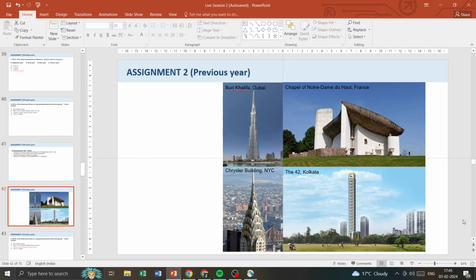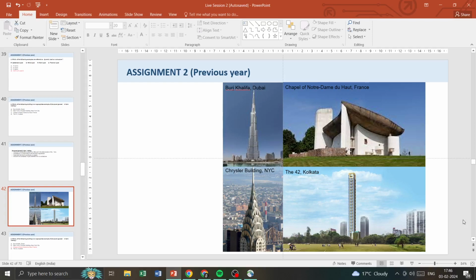You see that there is a commonality between 3 buildings. All 3 are skyscrapers in different parts of the world, and all 3 follow some kind of structure when you look at them. They have posts, they have columns, they have some kind of structure. While when you look at Chapel of Notre Dame, you see a very organic form, very curved surfaces. The roof is curved also.